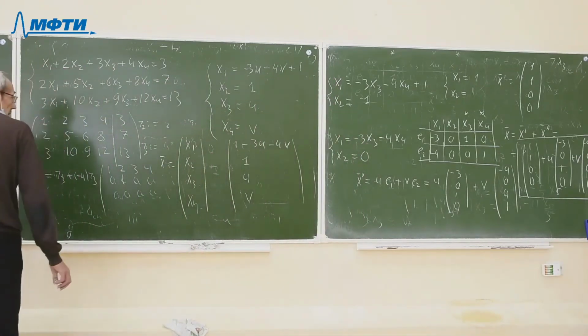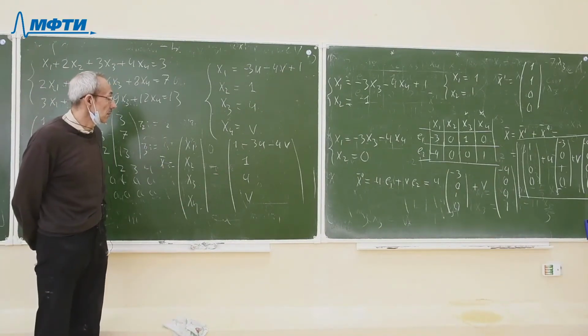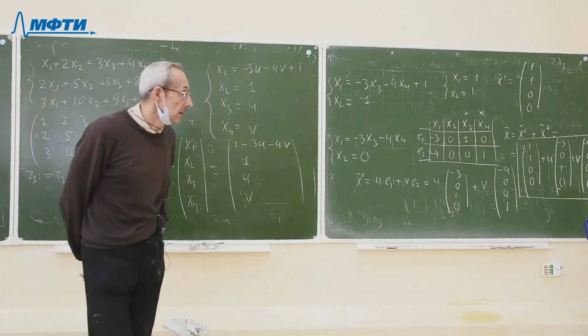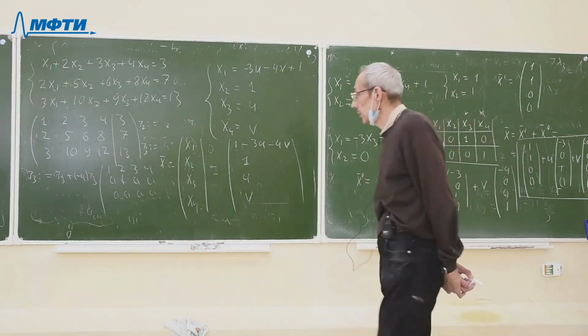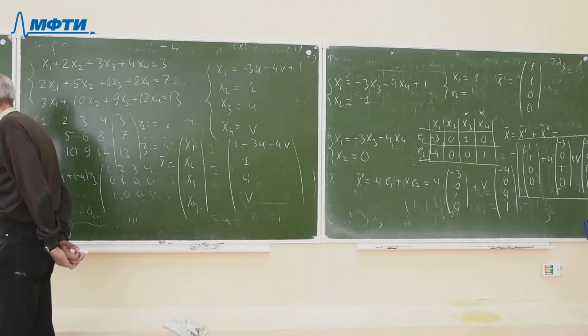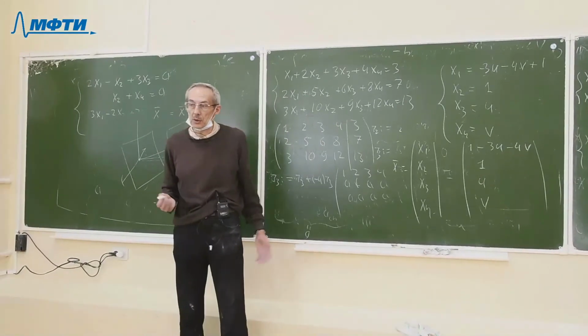We can choose the values of parameters u and v in various ways, and we have infinitely many such presentations. We can change the basis, and we can change the fixed partial solution.